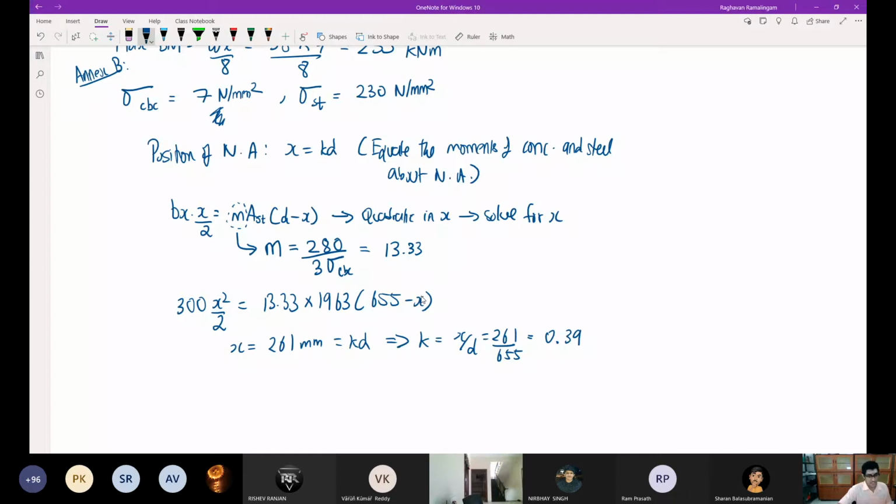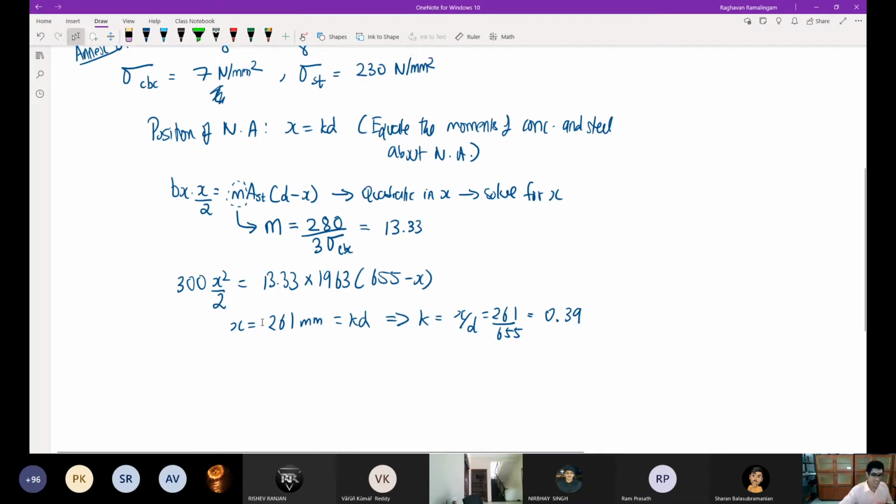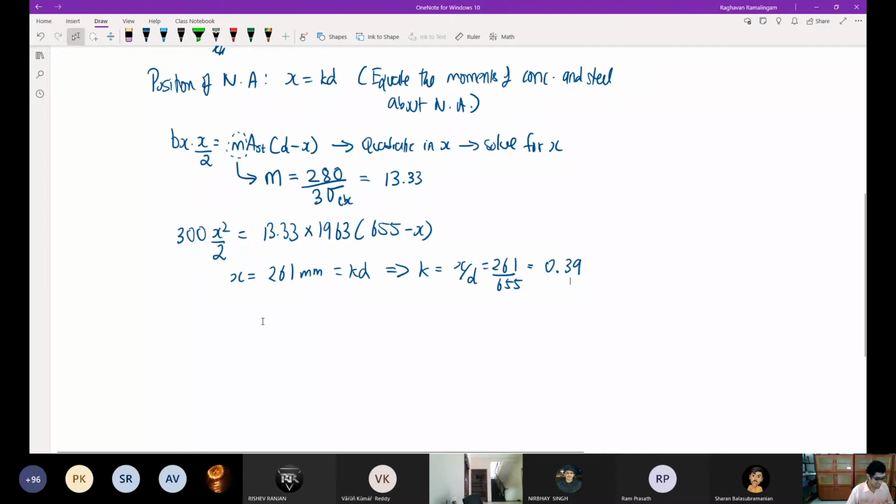So k usually give 2 digits; don't restrict to 1 digit. The k is known as the neutral axis factor. Unless you give 2 digits, you will incur a huge error when you design your beam and all. So the neutral axis factor should always be at least 2 decimal places, 2 significant digits to be precise.